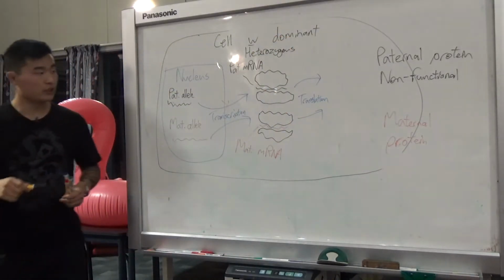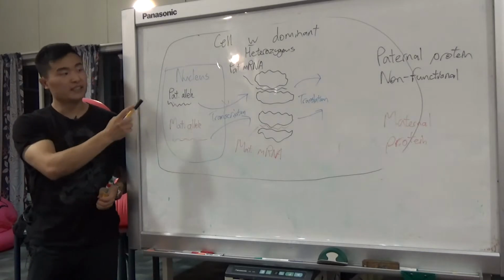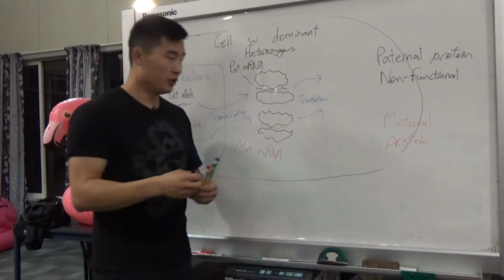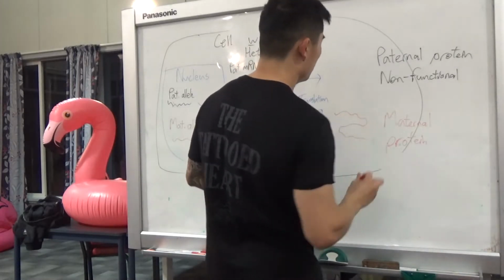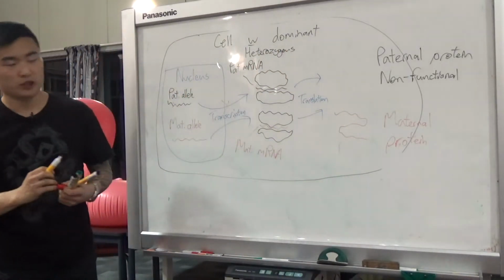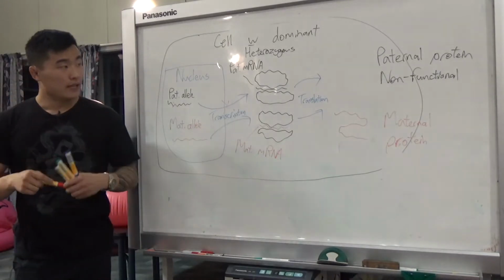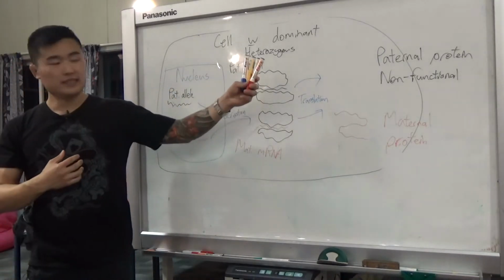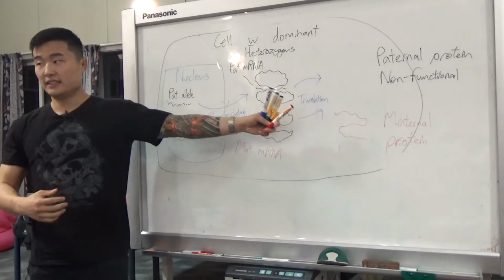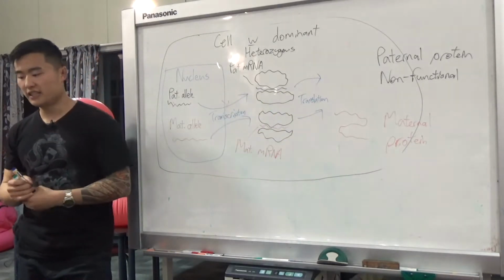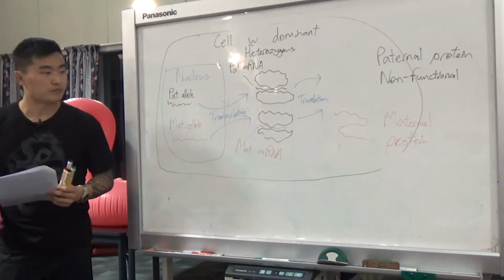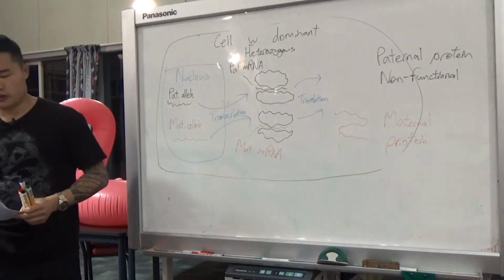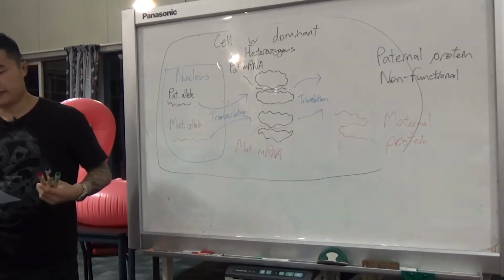So this person only has one allele that is mutated, and so they have half the amount of functional protein inside the cell. But if it's a dominant disorder, half the amount of protein is not enough for normal functioning. And so you'll have the disease phenotype occurring.